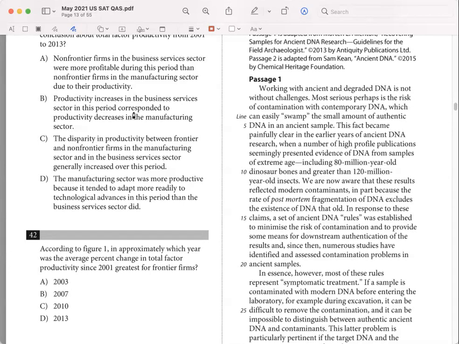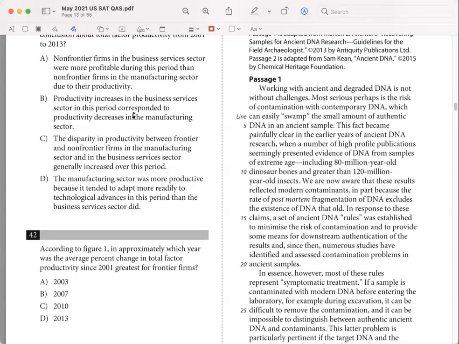In response to these claims, a set of ancient DNA rules was established to minimize the risk of contamination and to provide some means for downstream authentication of the results. And since then, numerous studies have identified and assessed contamination problems in ancient samples.